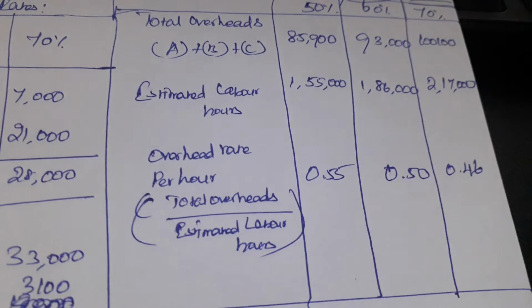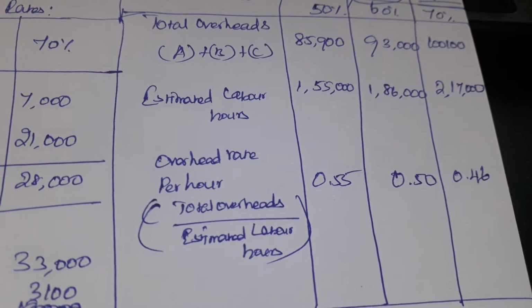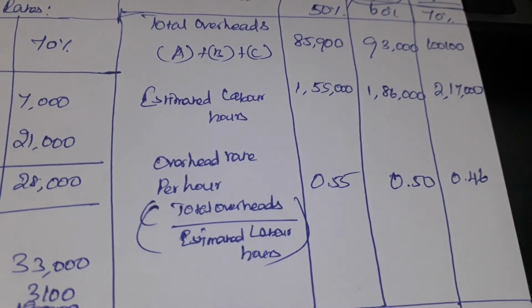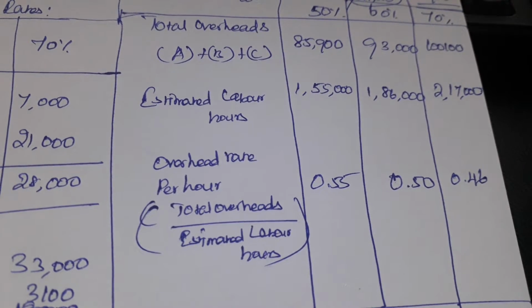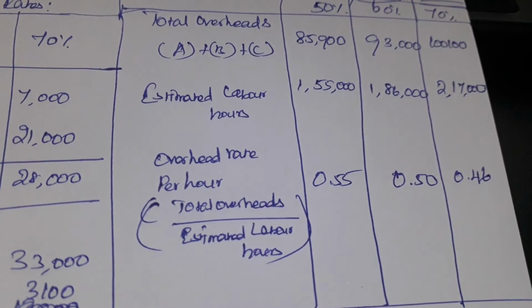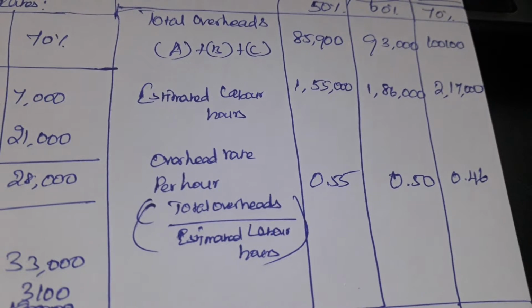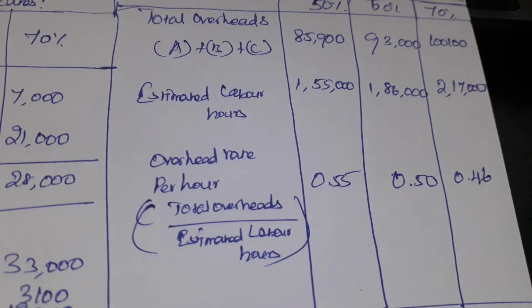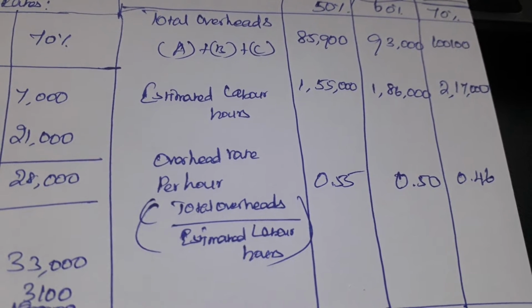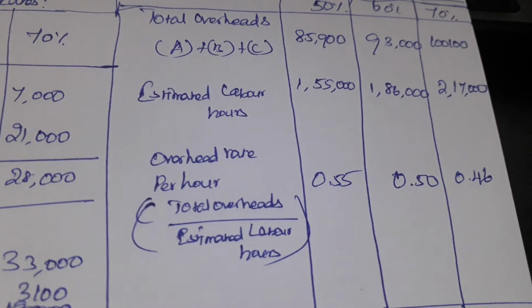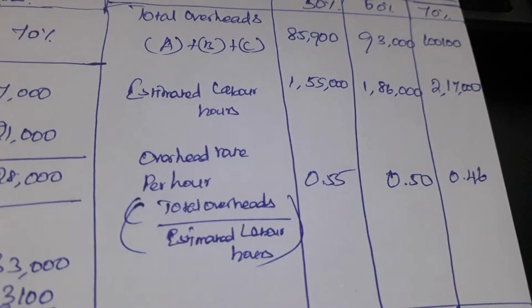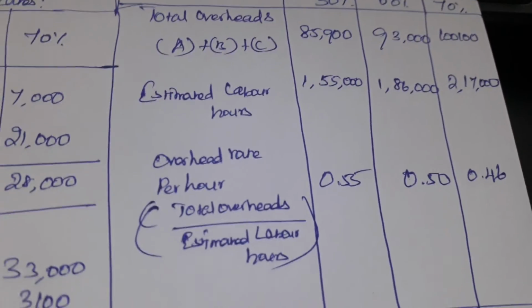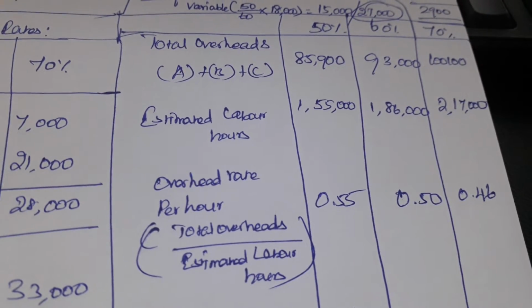Then we calculate the overhead rate per hour. For that we apply the formula: total overheads divided by estimated labor hours. If we divide 93,000 by 1,86,000 we get 0.50. So we have done the 60% capacity.